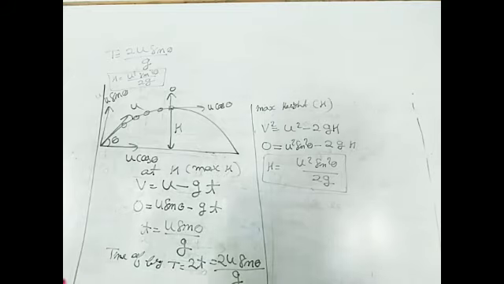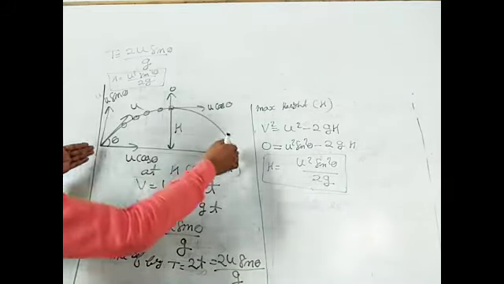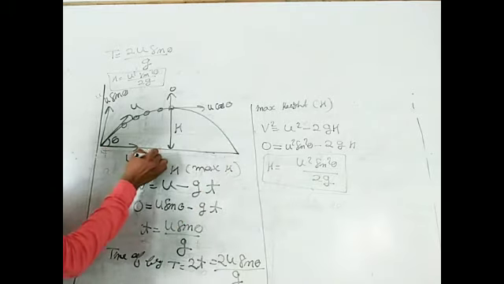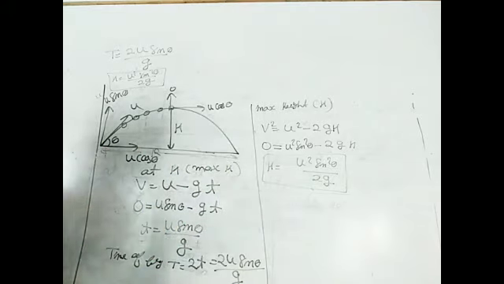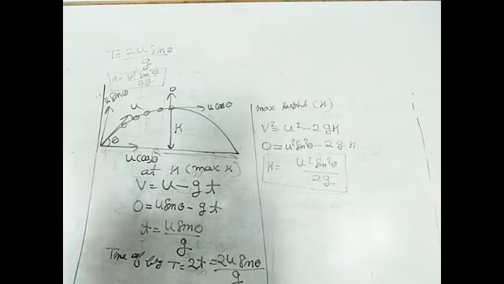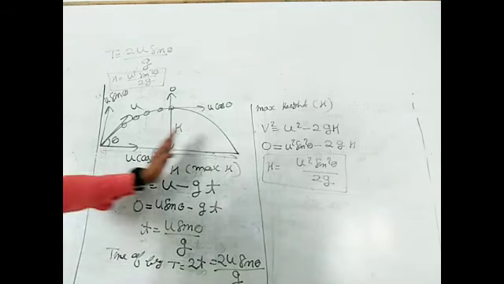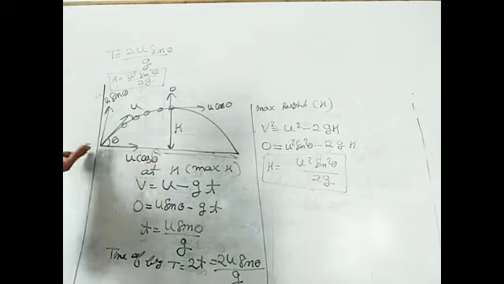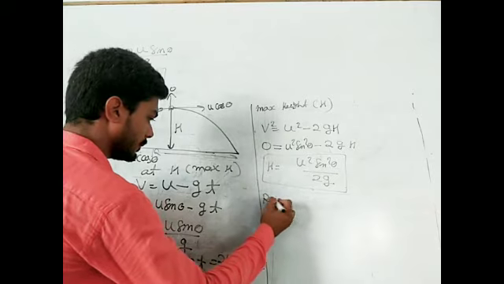And last, we are going to calculate the range. Range is the maximum horizontal distance covered by the object. For range, students, as I have told you, for the horizontal motion, u cos theta is responsible.